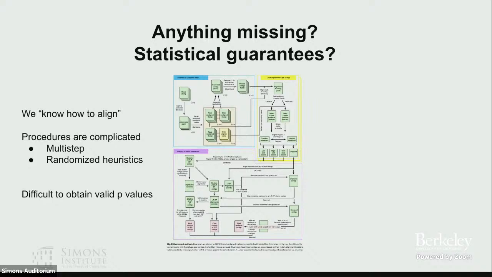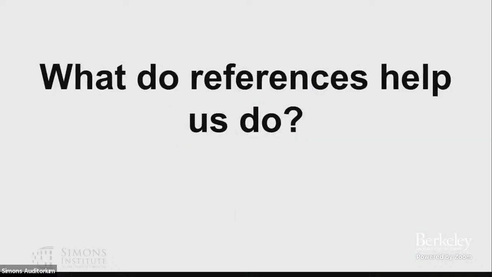They're very complicated. They have to rely on sometimes randomized heuristics in order to make the search efficient. And for all of these reasons, it is difficult or impossible to obtain valid p-values at the end of taking data that has been run through an aligner.